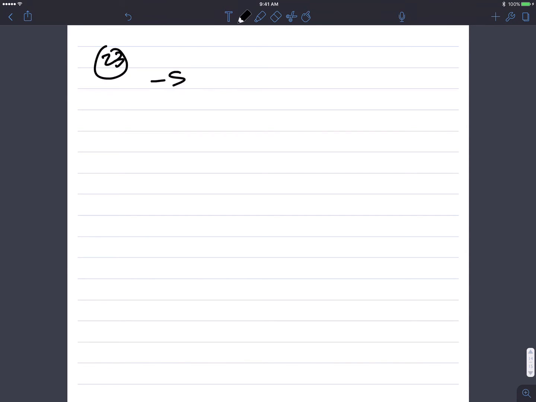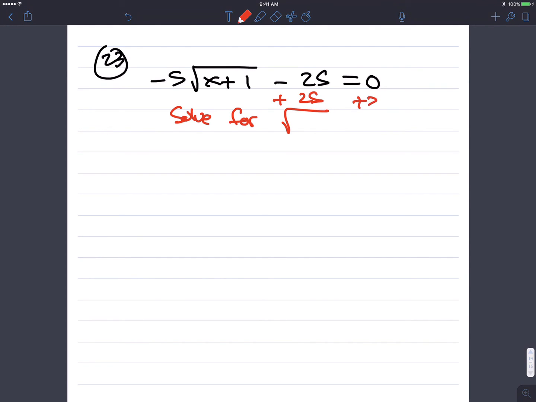23. Negative 5 square root x plus 1, minus 25 is 0. Again, we solve for the radical. Start by adding 25 to both sides. Negative 5 square root x plus 1 is 25.